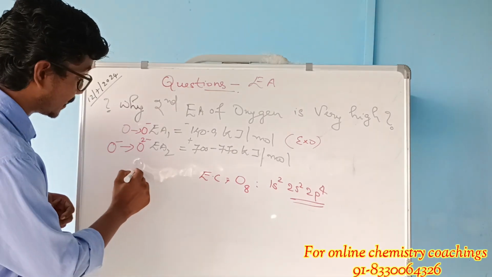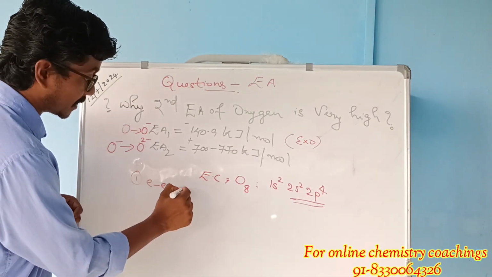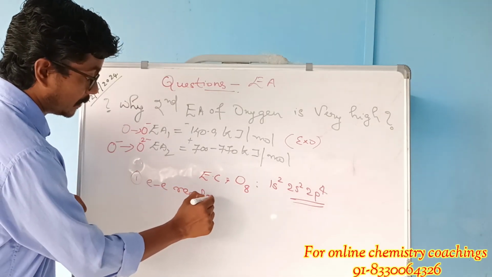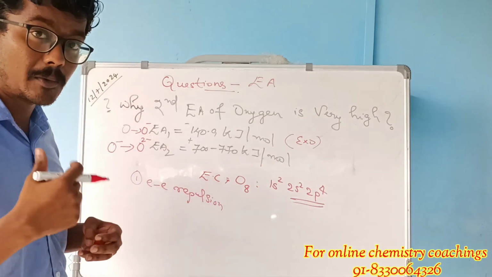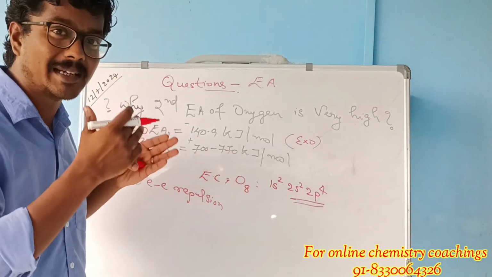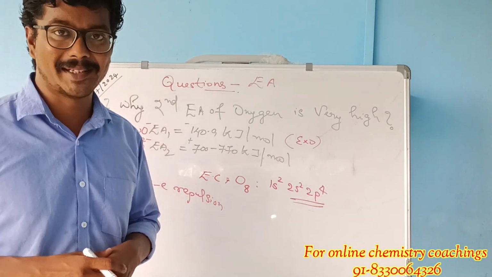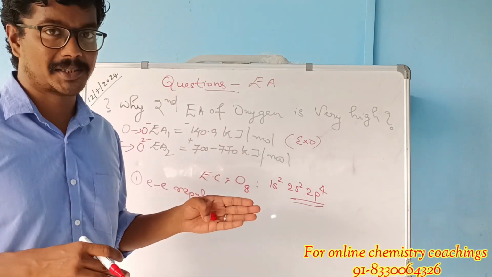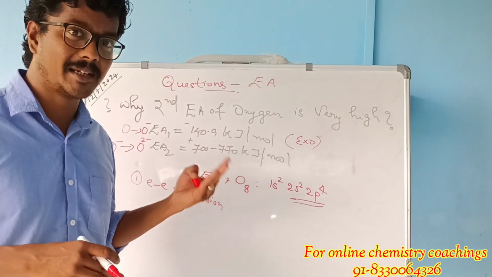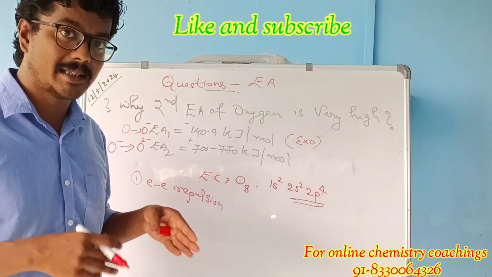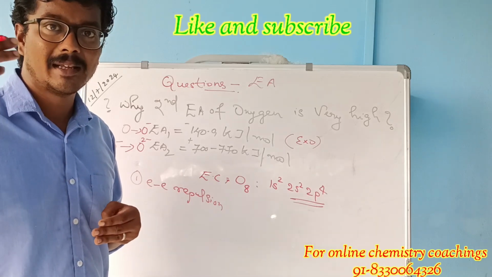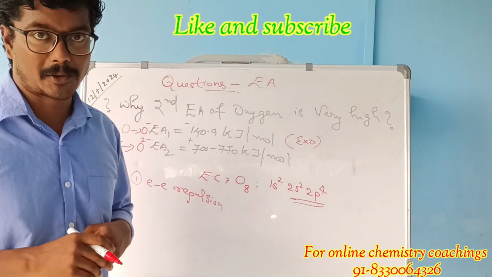So the first one is electron-electron repulsion. The incoming electron also feels repulsion from the already negatively charged O minus ion. There is already an electron there, and that electron repels the approach of the incoming electron.